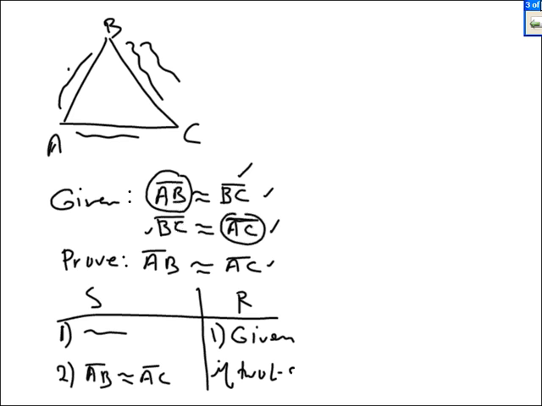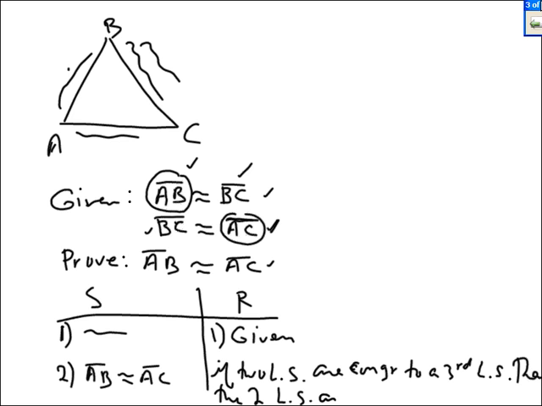If two line segments, namely the circled ones, AB and AC, are congruent to a third line segment, namely BC, then the two line segments are congruent. In fact, since all three line segments are congruent, you have an equilateral triangle.